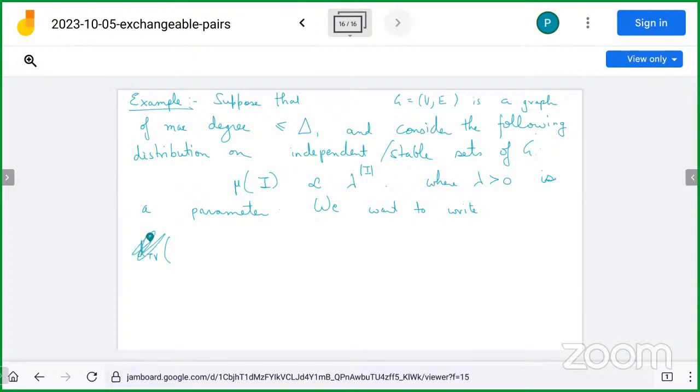So let me write that, to put it in the framework.